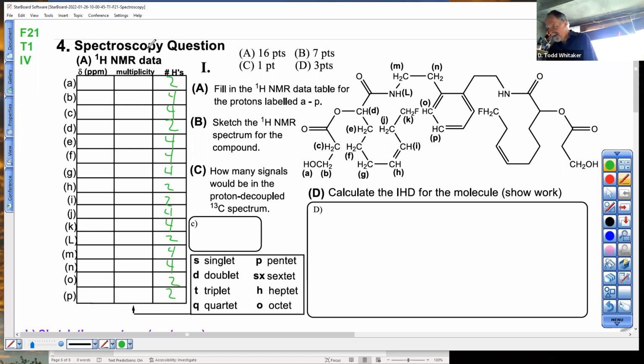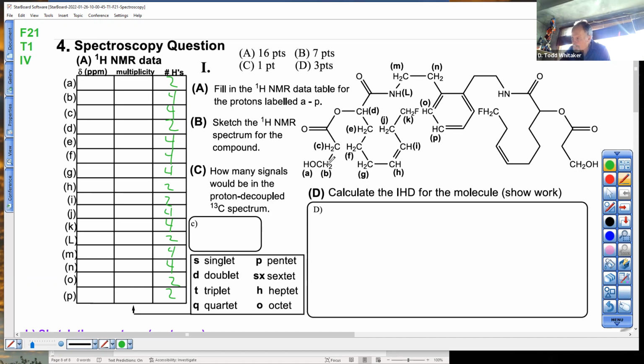Want to do multiplicity next? Why not? You got to look at your neighbors, add 1, and you'll get a number. Convert the number to one of these words. They're in order. Listen carefully. You don't have neighbors if you're attached to any atom other than carbon. And it's a reciprocal non-neighbor relationship.